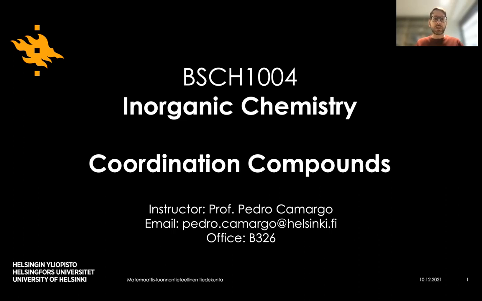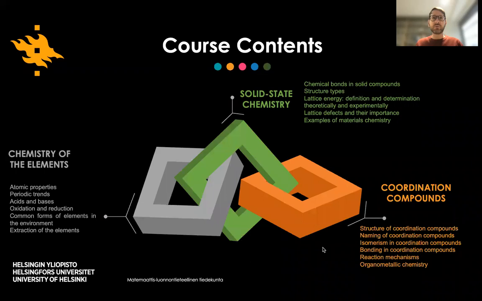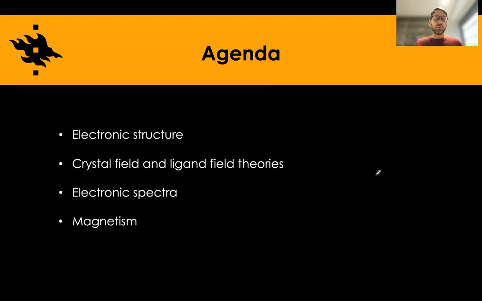So as I mentioned, today we have only two more classes, right? In which we will finish our discussion on coordination compounds. Today we will continue the discussion on electronic structure that we started last time.